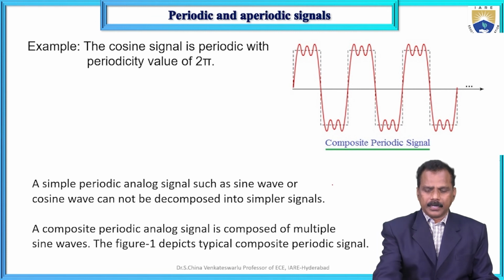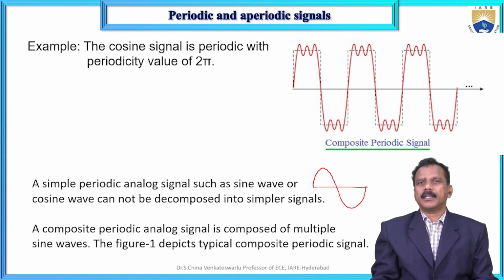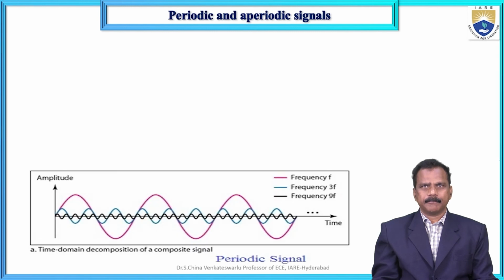Previously we saw the positive going transition, positive peak and negative peak. Here also the cosine signal is periodic, with the periodicity value of 2 pi, with reference to the composite periodic signal.